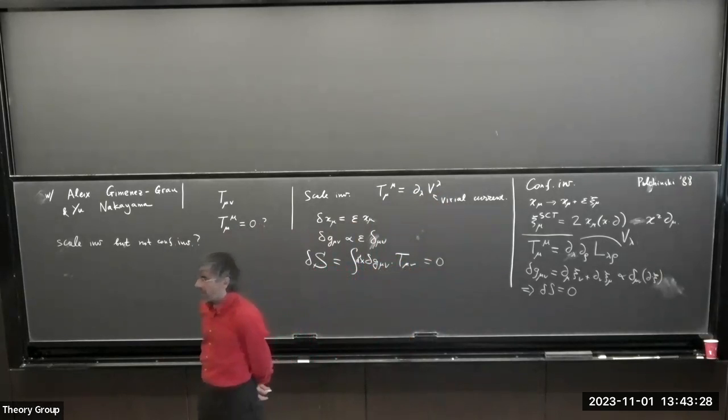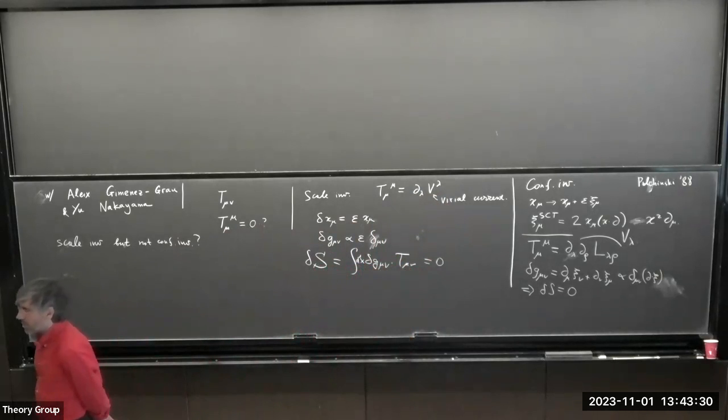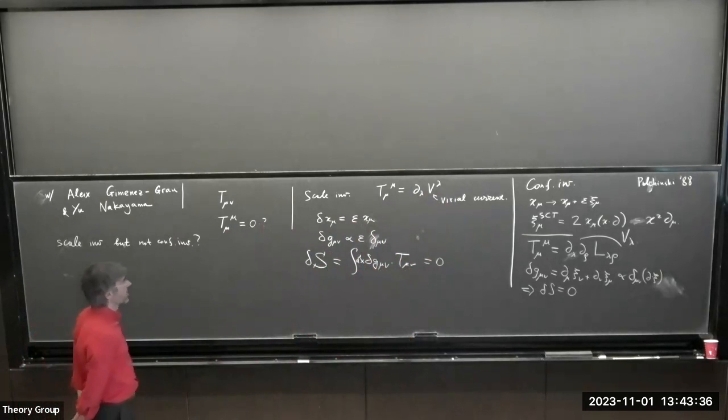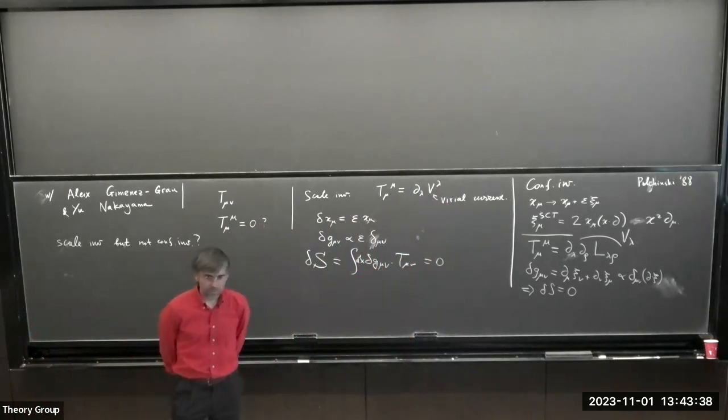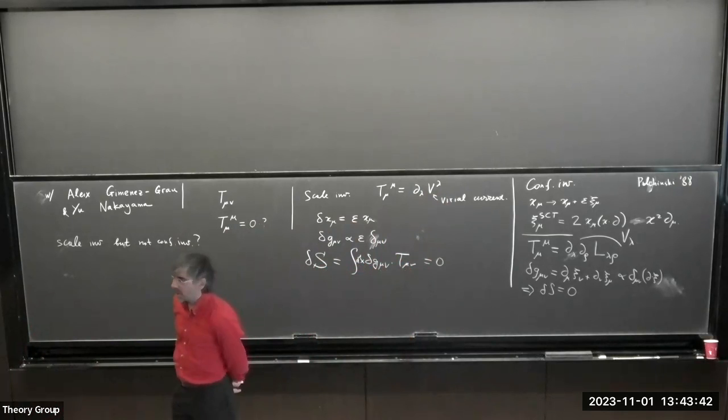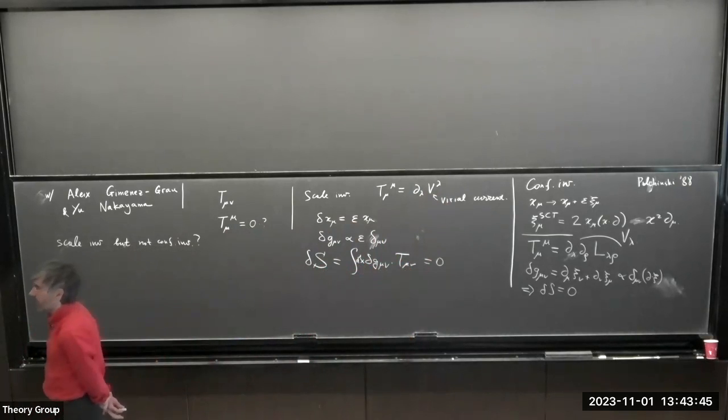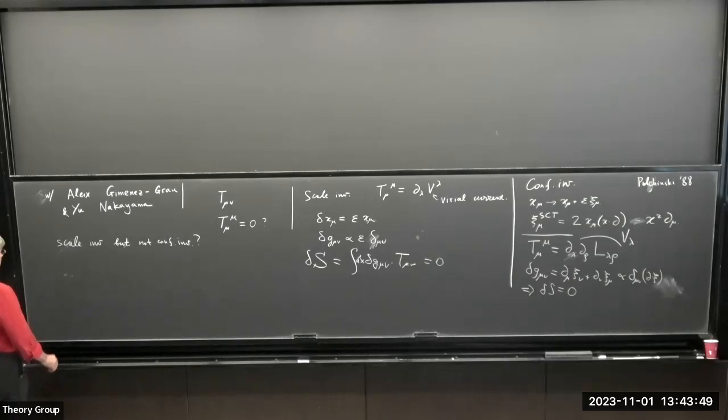And so if you take this point of view, then you may be led to conclude that interacting quantum field theories which are scale invariant are necessarily conformally invariant. For free theories, this doesn't have to be the case. In fact, there are free theories which are scale but not conformal.